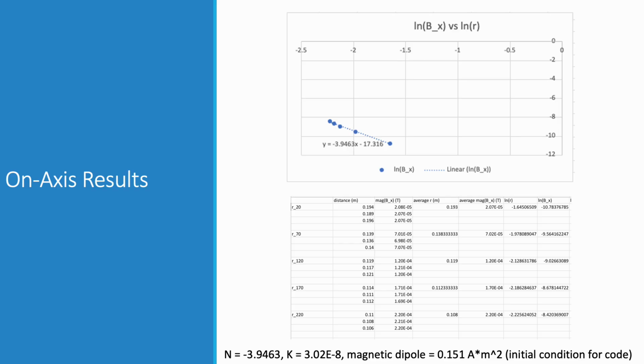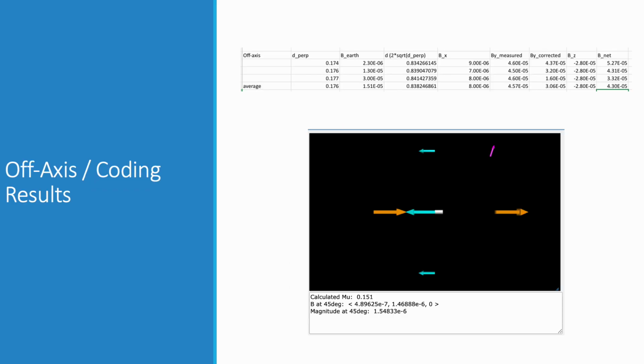So then that calculated value for the magnetic moment was the only initial condition for the GlowScript, and it was used to create a 3D visualization of the entire experiment online.